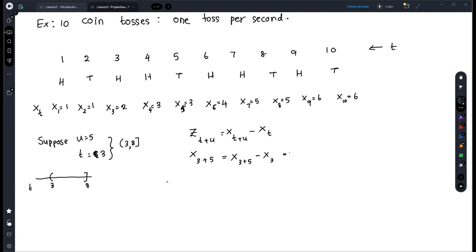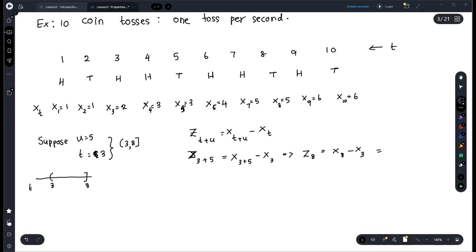So which means, sorry, this is Z. Z_{3+5}, meaning Z8, equals X8 minus X3. Can you find the value? X8 minus X3. You have the numbers.